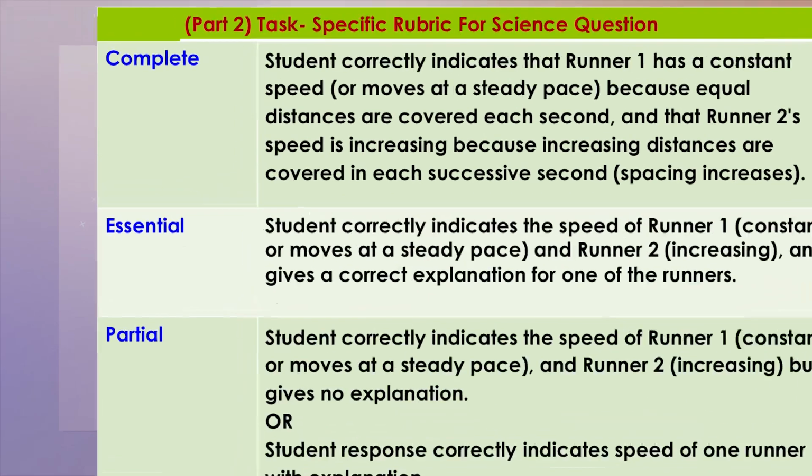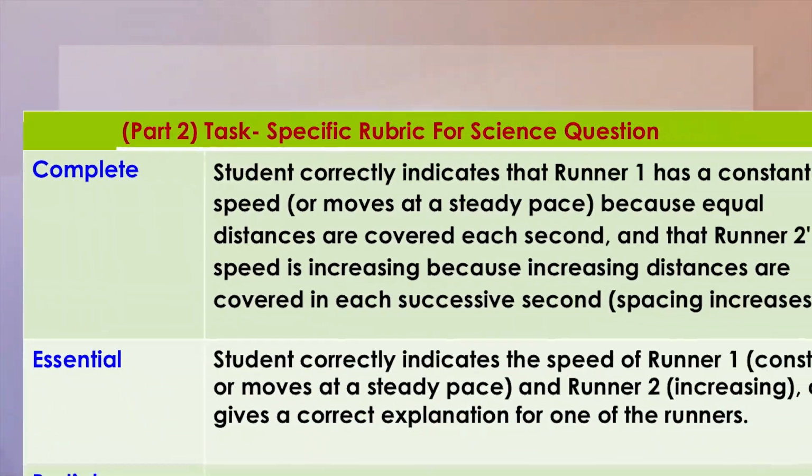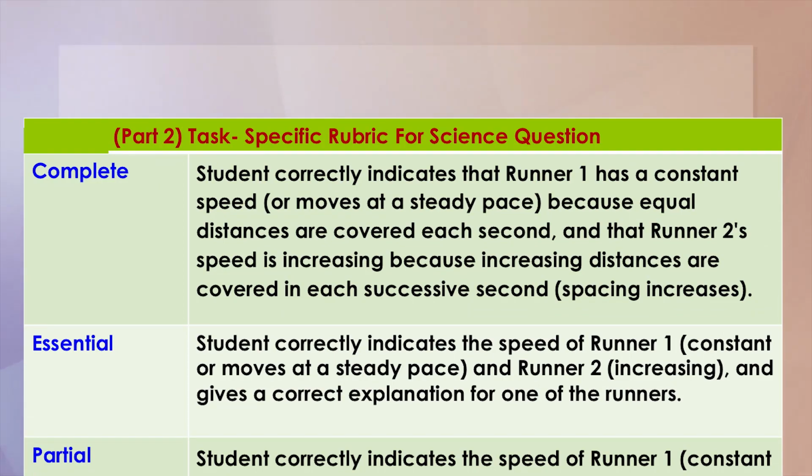The description for the complete scale level is: student correctly indicates that runner 1 has a constant speed because equal distances are covered each second, and that runner 2's speed is increasing because increasing distances are covered in each successive second. Here you can note that the descriptions have included the specific answers of the question.